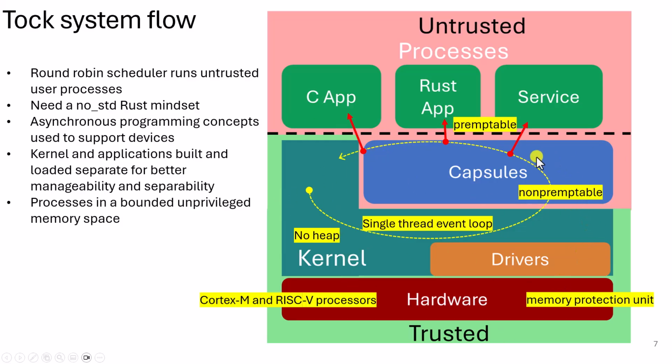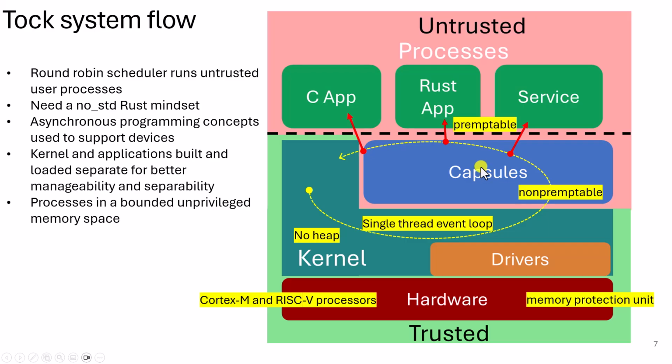Another part of this system that's untrusted is below the dotted line, in the kernel, in the operating system area, and that's capsules. You can think of these capsules as kind of like drivers that interface to user applications or services. And this interface is done through syscalls, which is a standardized API defining how these applications and services can interface below in this kernel layer. The capsule is also untrusted, but it's different.